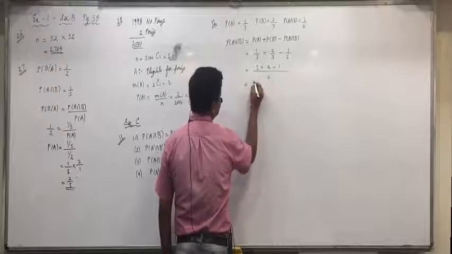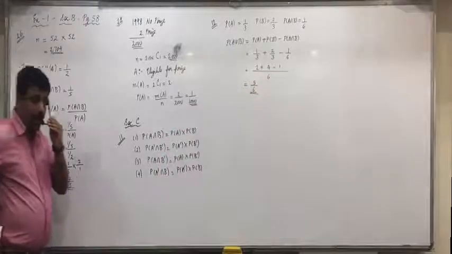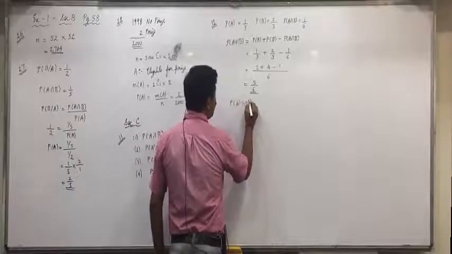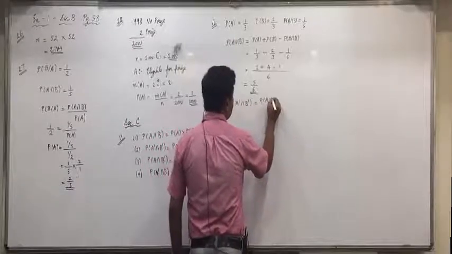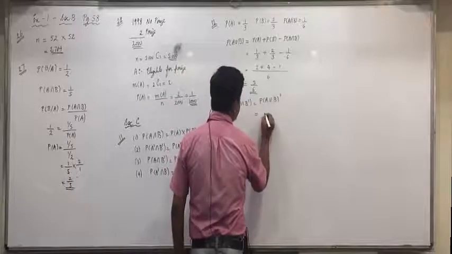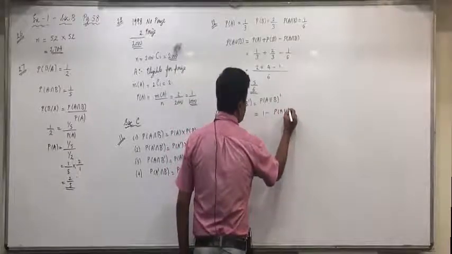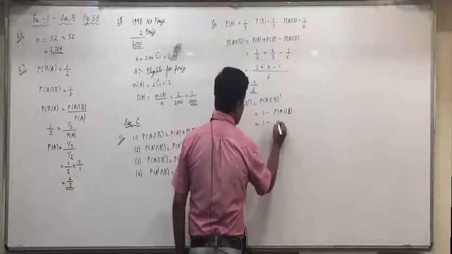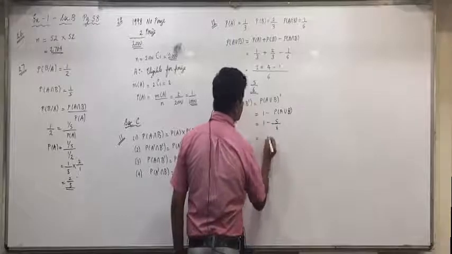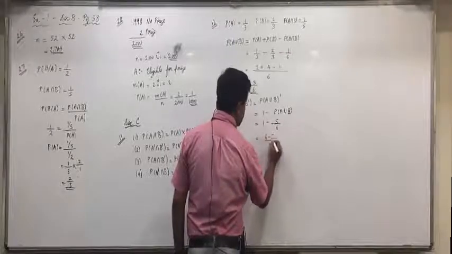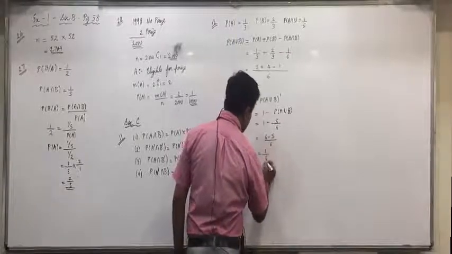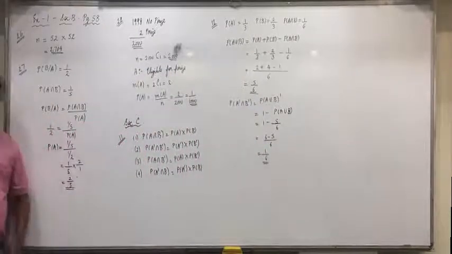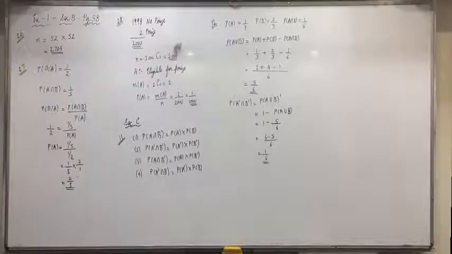So 5 by 6. Now, how will we find P(A' ∩ B')? (A ∪ B)', which is 1 minus P(A ∪ B). So 1 minus 5 by 6, 6 minus 5 by 6, 1 by 6. Did everyone understand this question?